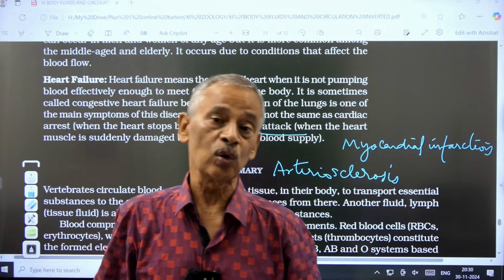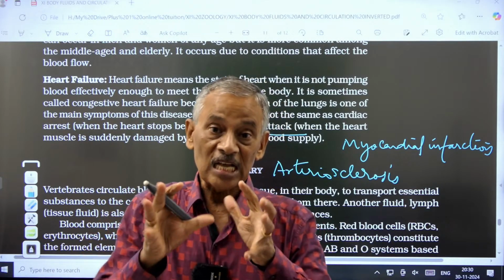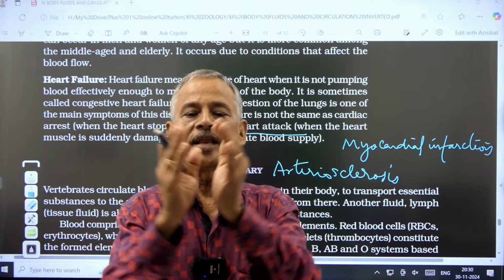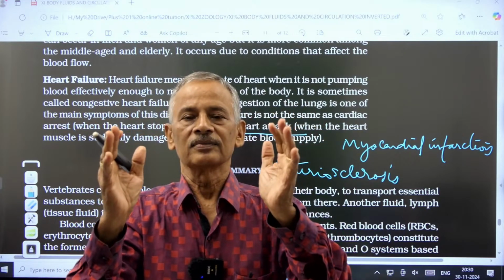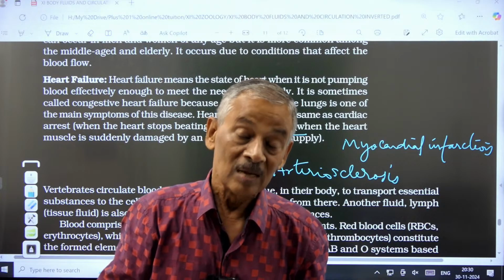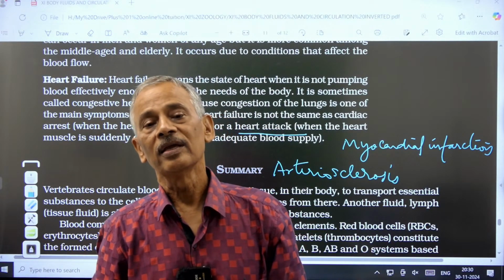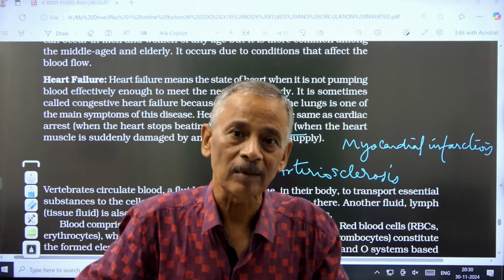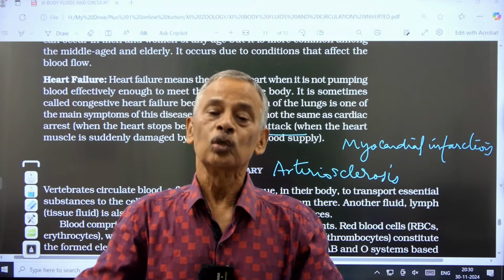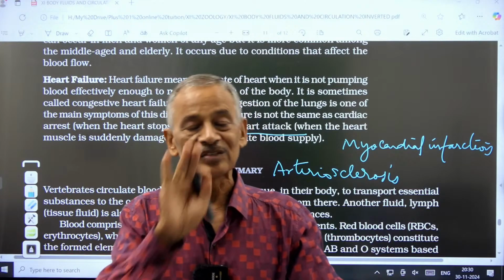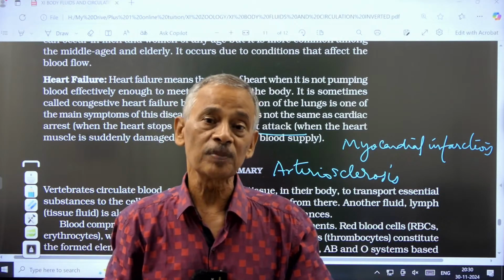Because of arteriosclerosis, the heart has to pump with more force, then only arterial walls will dilate. Then only you will be having the pulse created. This is the reason why old people will normally have a higher pressure. 140/80 is normal for an aged man.